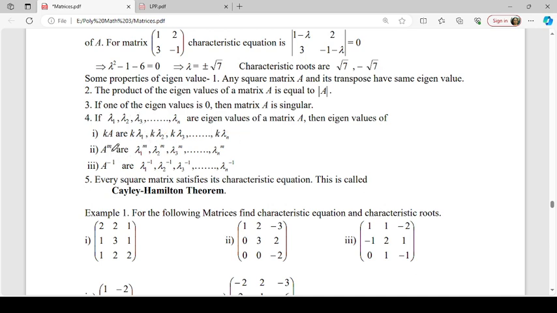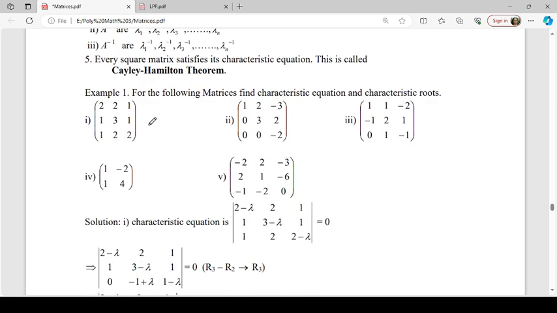Then A to the power m means A into A into A, and the eigenvalues are raised to the power m. Then A inverse has the reciprocals. So these are the properties. Another property is that every square matrix satisfies its characteristic equation, and this is called Cayley-Hamilton's theorem.